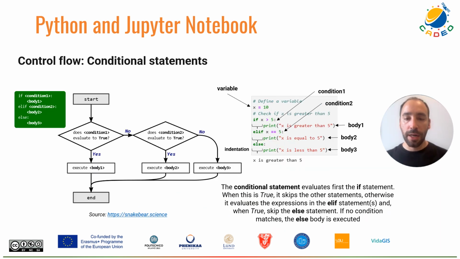Another example is conditional statements. In Python, the conditional statement begins by evaluating the if statement. If this statement's condition is true, the program will execute the code inside the if block and skip any remaining statements. If the condition is false, Python will then check any else if conditions, if there are any.